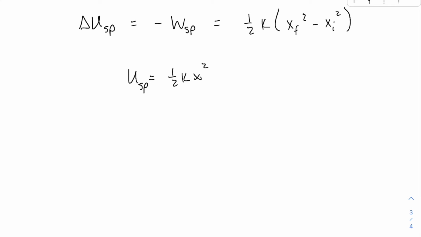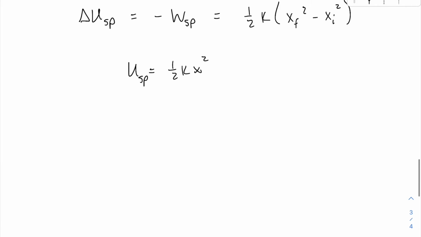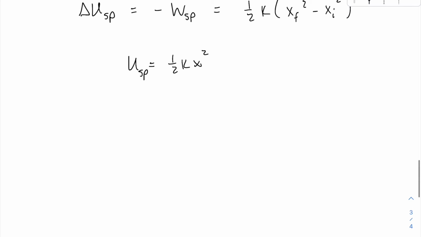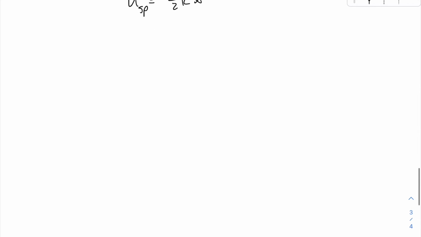So now that we know the change in spring potential for a spring, we can write our conservation of energy equation to include that. So conservation of energy says E initial, the initial energy of the system, plus the work done is going to equal the final energy of the system.